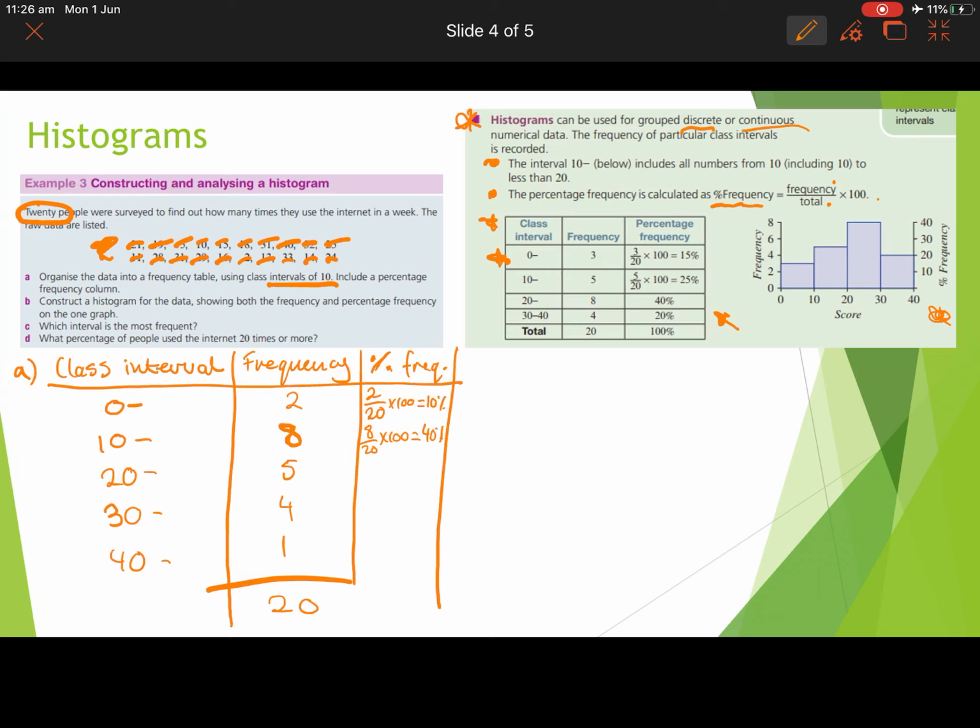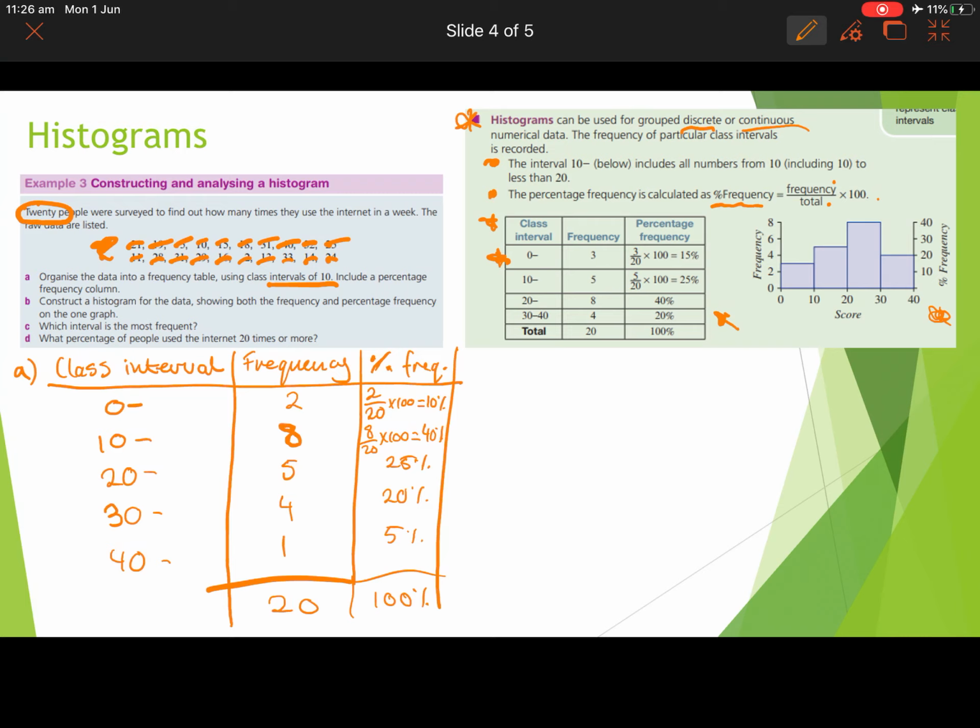So this means 10% of people use the internet less than 10 times over the week, yeah? So you're going to keep going, so you should get 25%, 20%, and 5%. And to make sure you got it right, you should add them all up and you should get 100%.